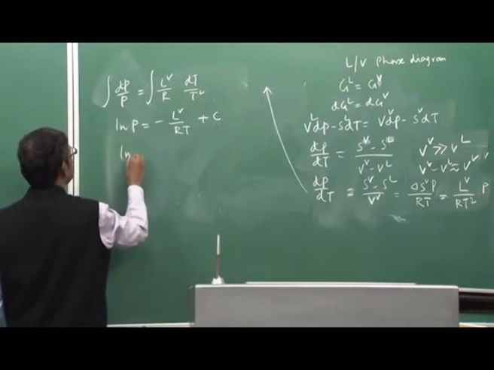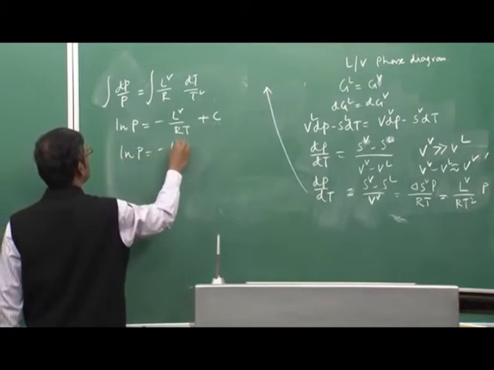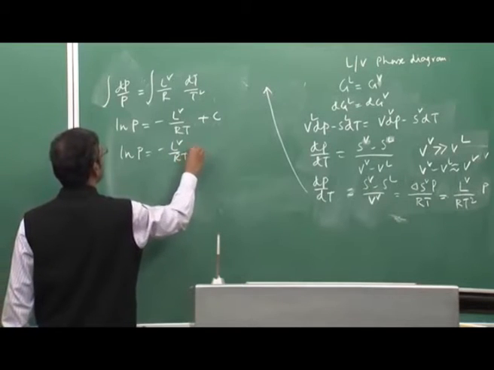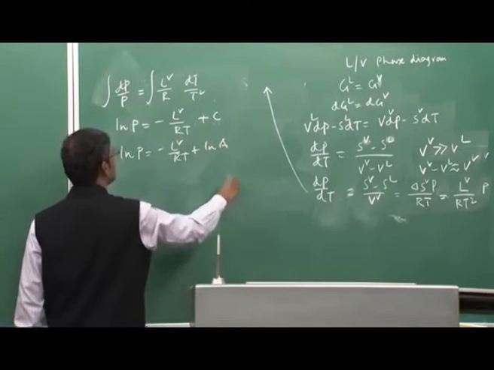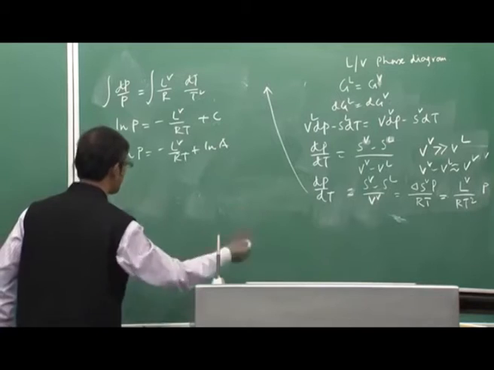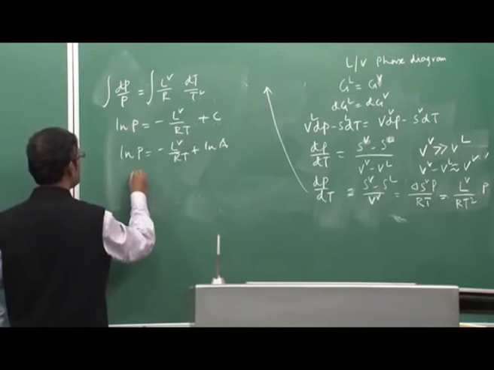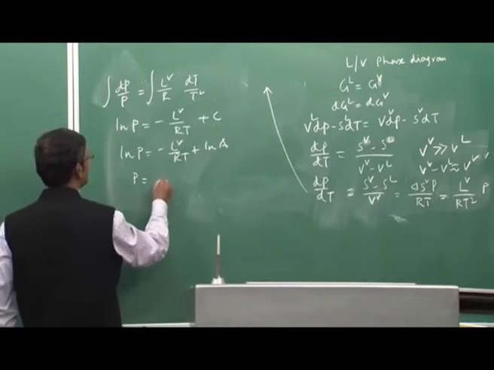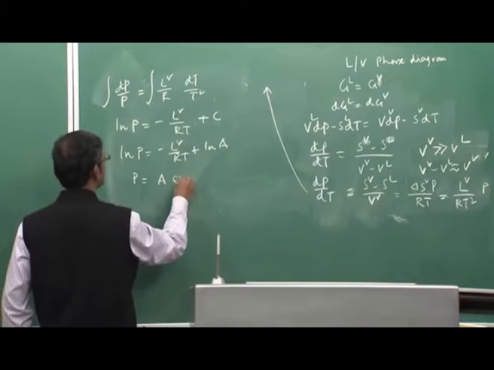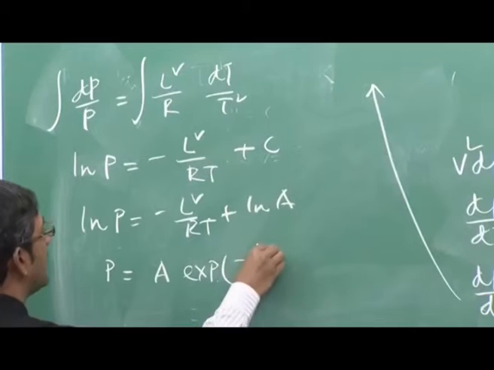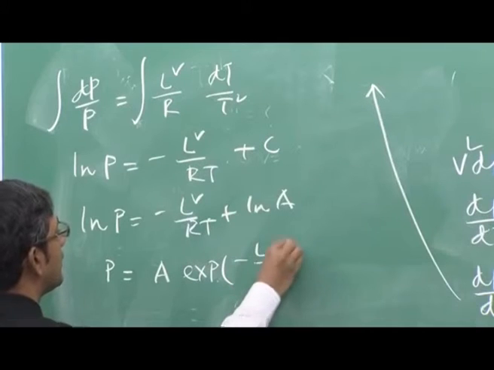Suppose the integration constant is log of A, we can always change that. So P is equal to A multiplied by exponential of minus LV by RT.